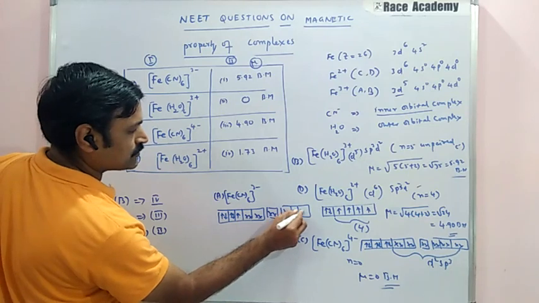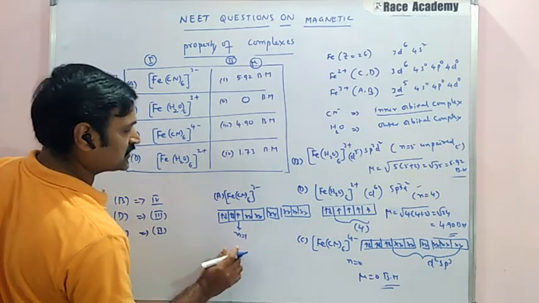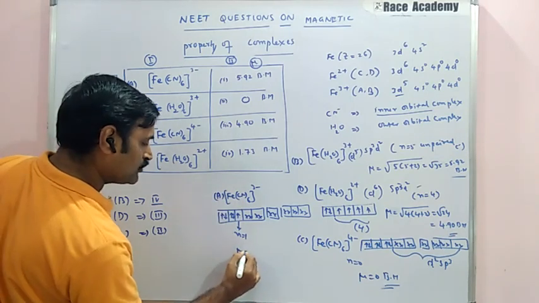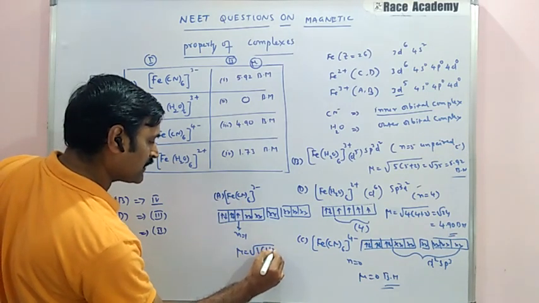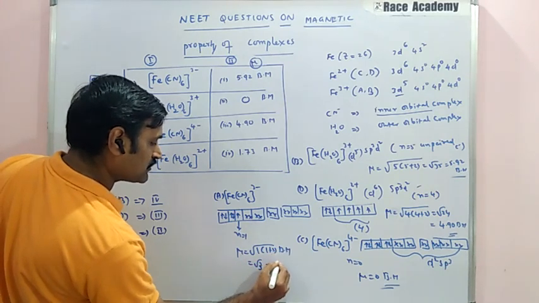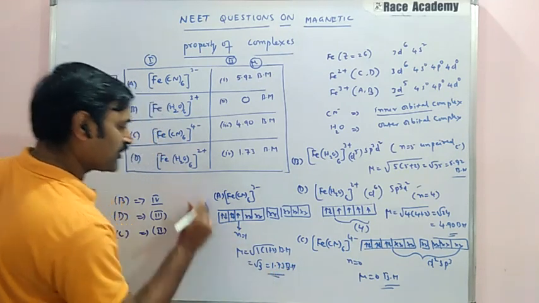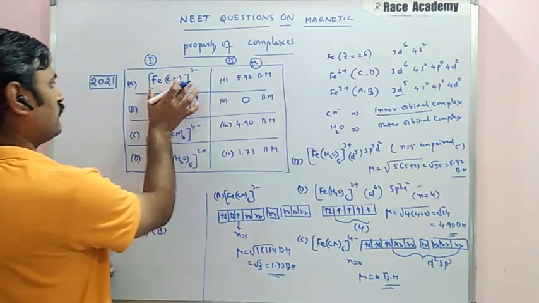This one unpaired electron gives a small magnetic moment of square root of 1 into 1 plus 2, that is root 3, equal to 1.73 Bohr magnetons for A.